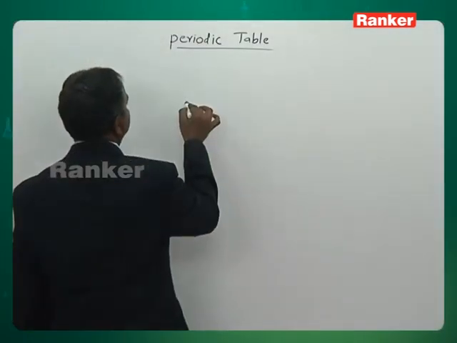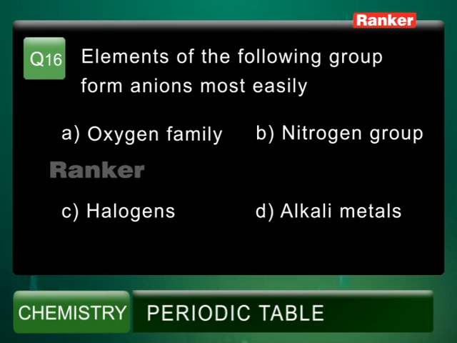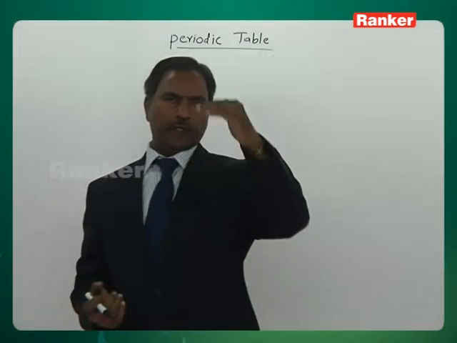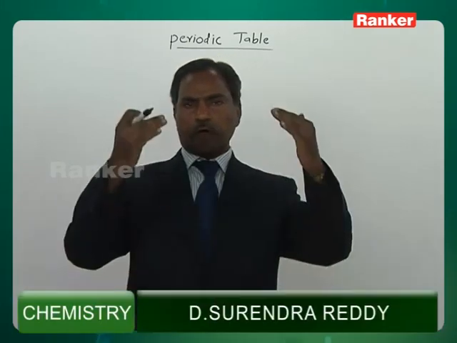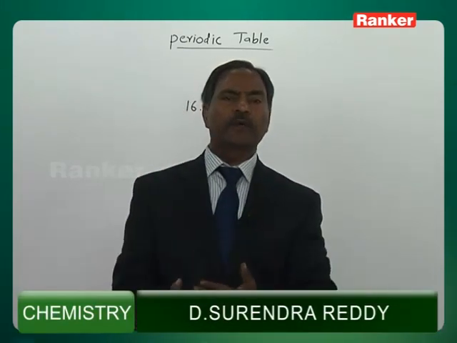Question number 16, elements of the following group form anions most easily. A, oxygen family, B, nitrogen group, C, halogens, D, alkali metals. Among these options, the seventh group elements have what?